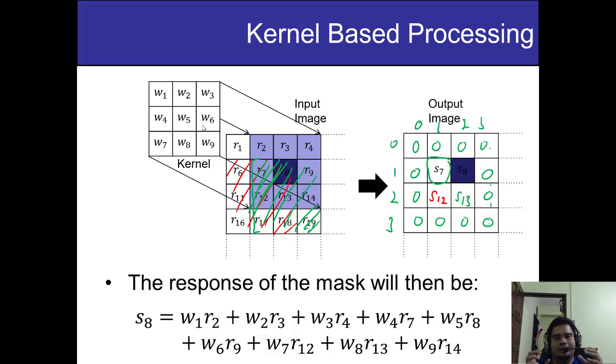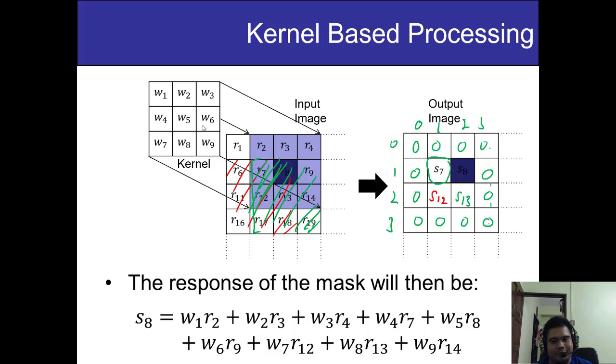We call this operation kernel-based neighborhood processing because it deals with the kernel or window, and everything dealing with a kernel or window is known as a two-dimensional convolutional operation, because you are doing the convolution between the input image and the kernel or window.